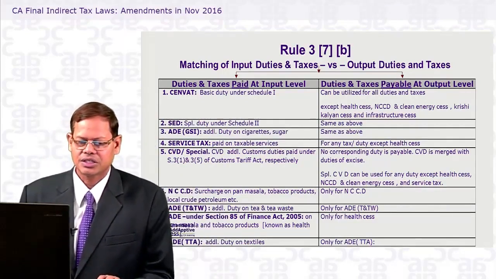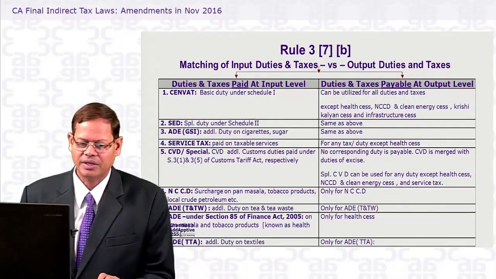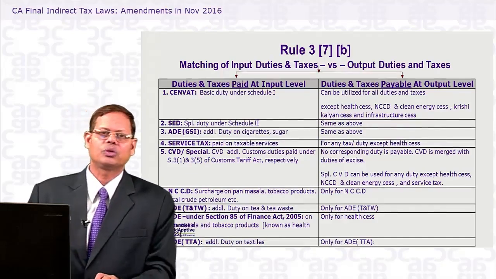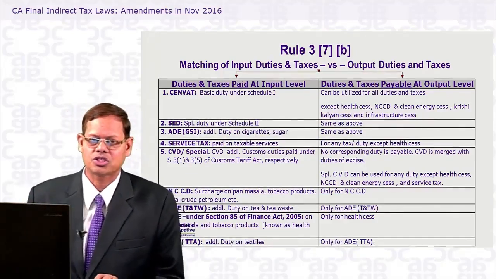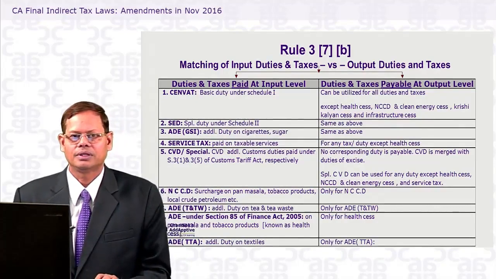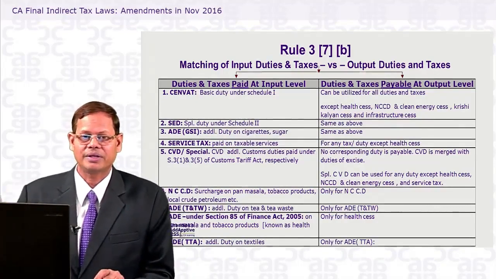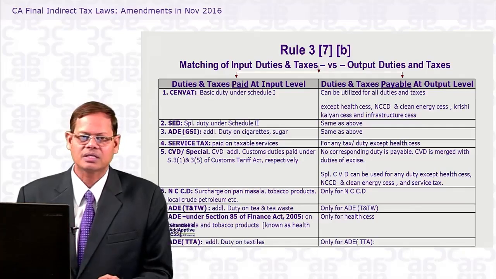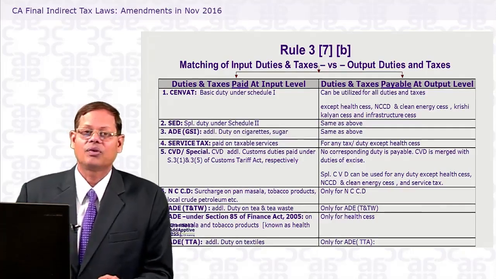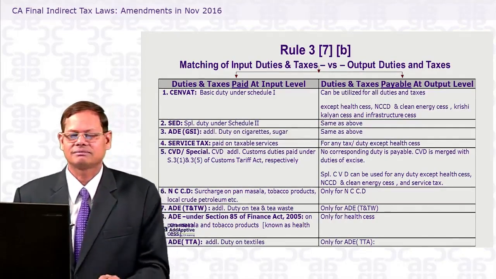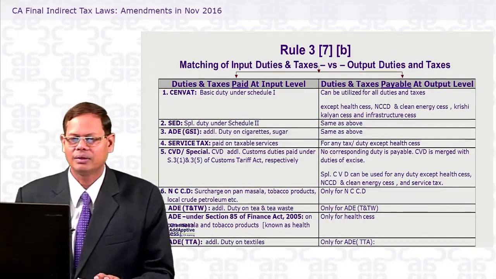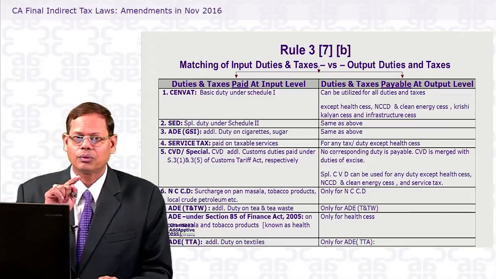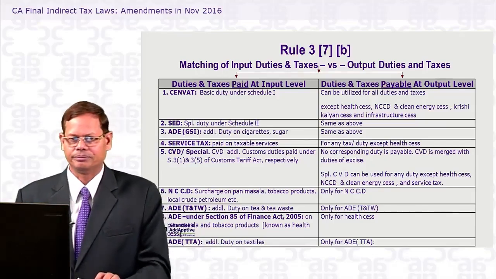These 6 to 9 categories can be used only for their counterpart duties or taxes payable at the output service level, but not for anything else, because for them the one-to-one correlation principle is applicable.